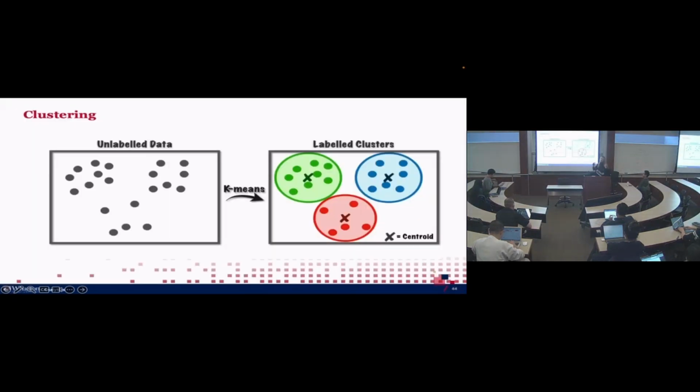Just to go very high level on what unsupervised learning methods are, like I said before, it's trying to predict unlabeled data. You have these data points, and you can see there's some organized nature to them. One method you can apply is k-means clustering, where your software will identify how many clusters make sense for your data set, and you also have to put in your expertise to validate that that number of clusters is appropriate.